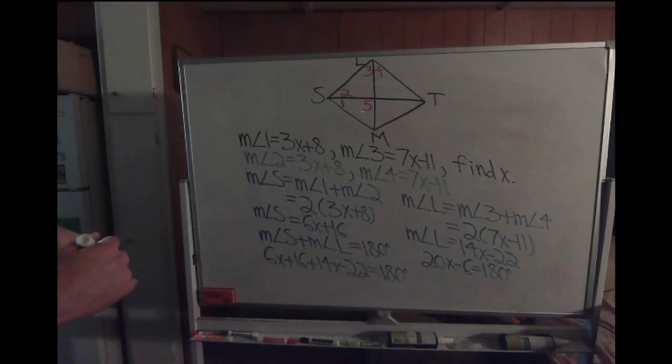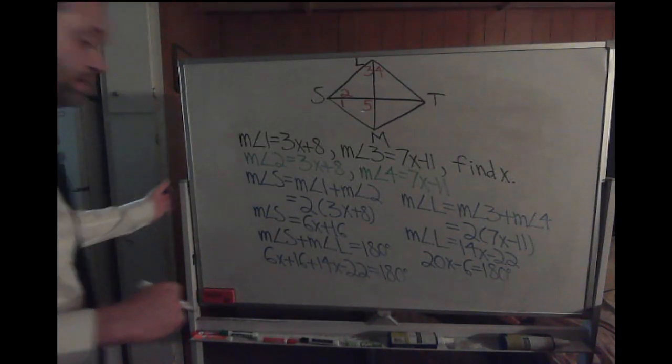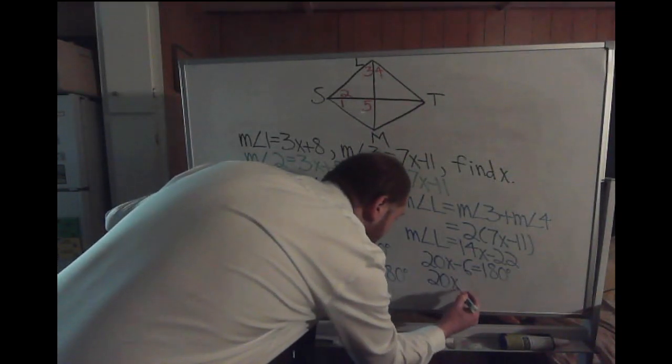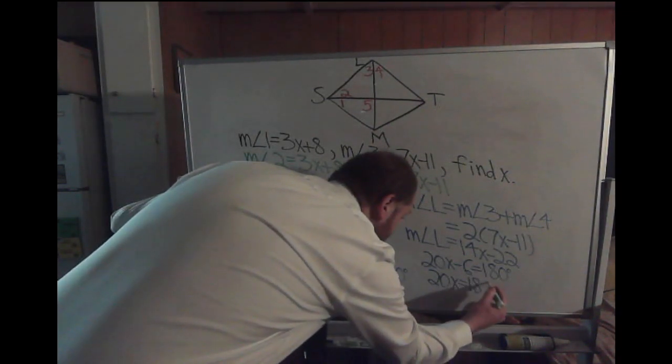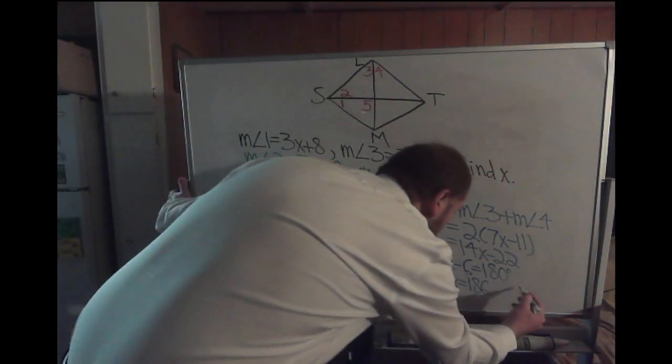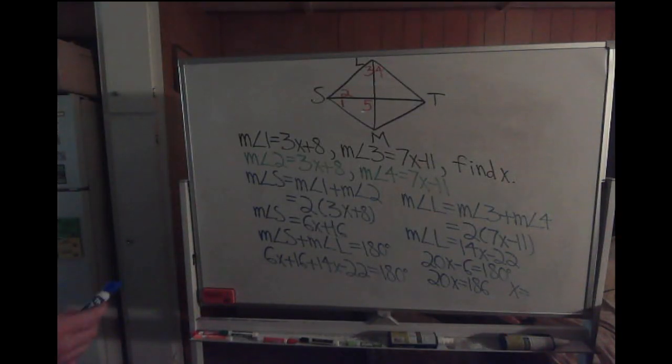So then what you would have last but not least is you would get 20x equals 186, which then we just need to get a decimal. Sometimes you'll have decimal answers, you just will.